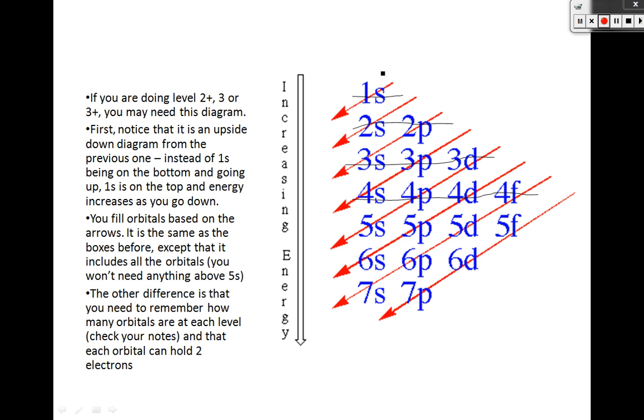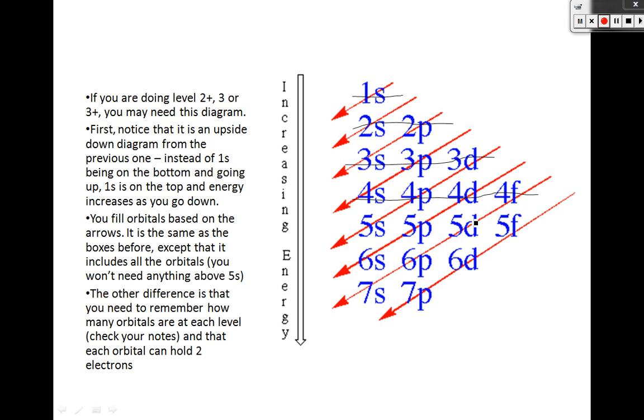So you have 1s, and then you go 2s, and then 2p and 3s. So far it follows the pattern we would expect. Then 3p, 4s. Then you'll notice now we say, oh, now we go back to 3d, then 4p and 5s. Then 4d, 5p and 6s.